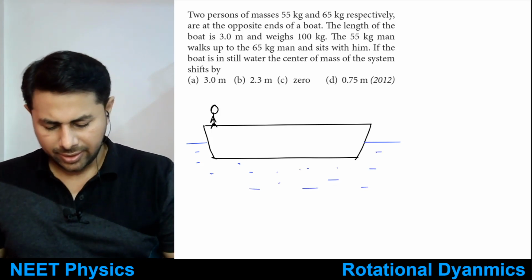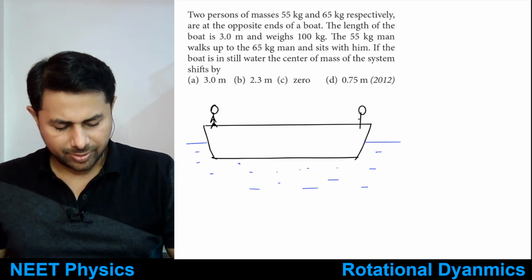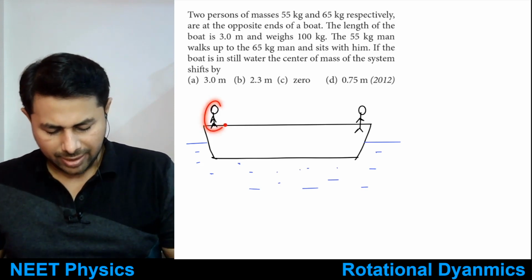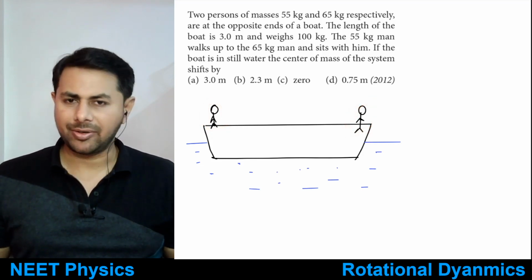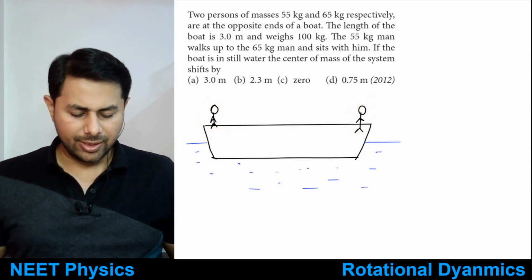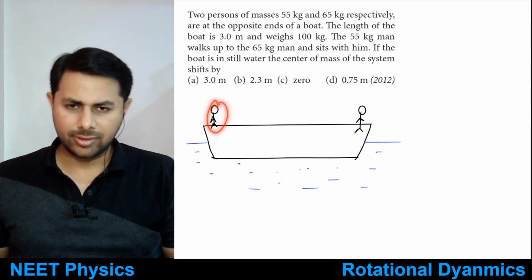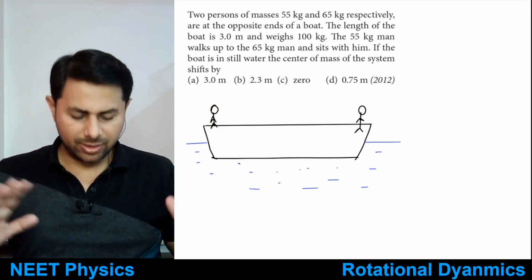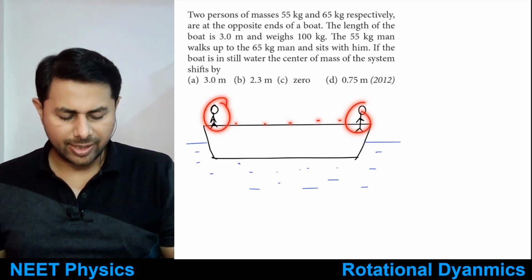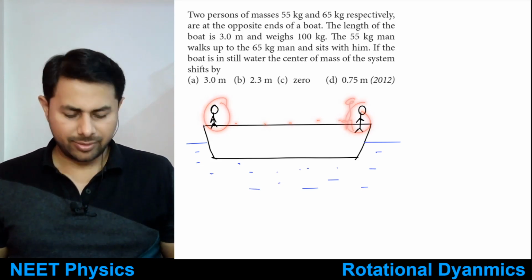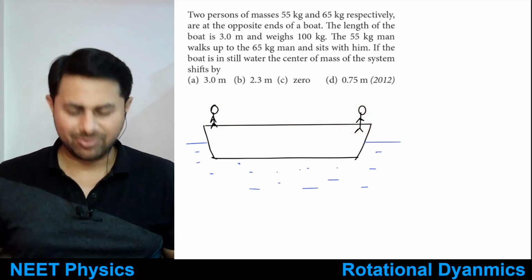And then this man walks up to the other man. Mass of the first man is 55 kg, mass of the second one is 65 kg, and they are sitting at the two ends of the boat, but this one walks up to this man and sits with him. Okay, then what will be the shift in the center of mass?